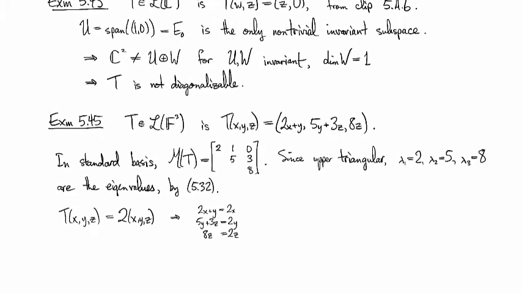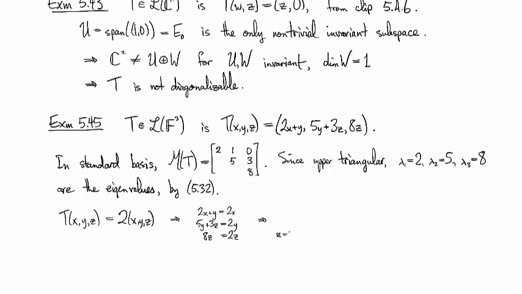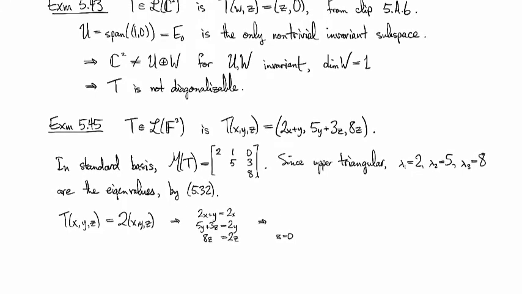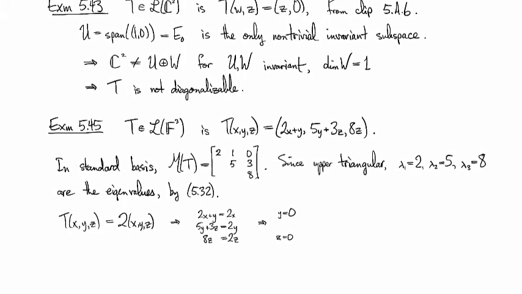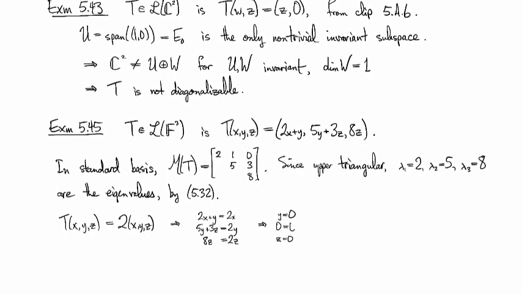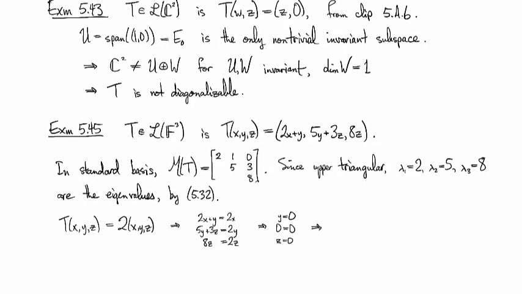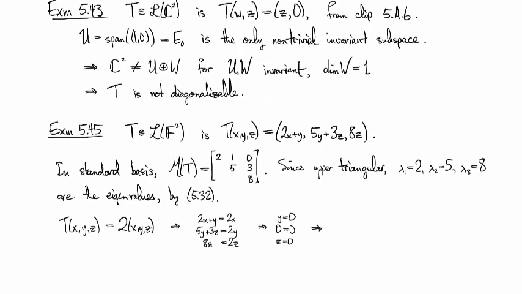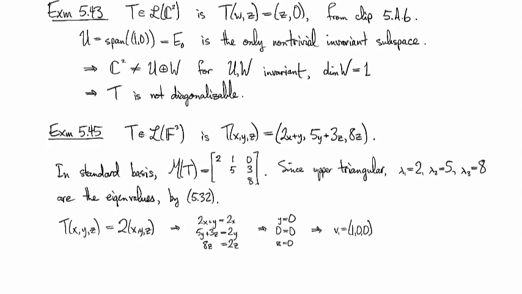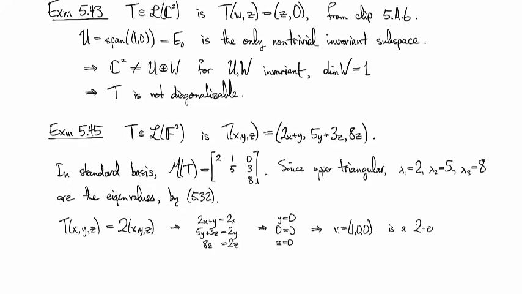From the bottom one, we can see that z has to equal 0. And from the top one, subtracting 2x from both sides, we get that y is equal to 0. Then all terms in the middle one disappear, and we get 0 equals 0. So there's no constraint on x. And that tells us that (1, 0, 0) is a lambda 1 eigenvector.